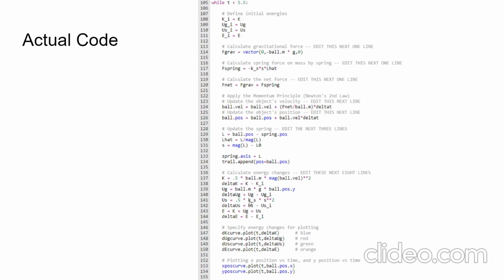And for delta potential energy of gravity, it's Ug minus Ugi, which is potential energy final minus potential energy initial. And then we have the spring potential energy, which is 0.5 times spring constant times s squared. And delta Us is just the final minus the initial. And the energy is the same as before, adding up all the energies together. And the delta E is just E final minus E initial.